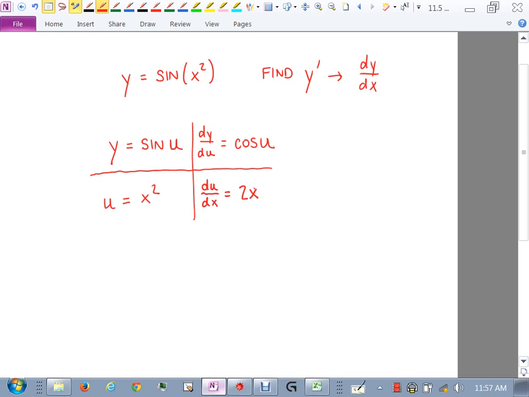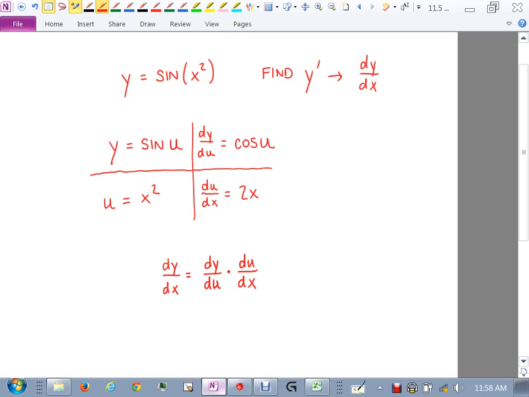And then our answer is just this column multiplied, isn't it? Our answer, dy dx, is just equal to dy du times du dx. Do you see how the Leibniz notation makes sense here? Dy dx should be these two multiplied, because it's almost like the du's go away and you have dy dx.